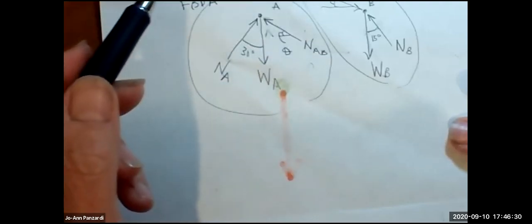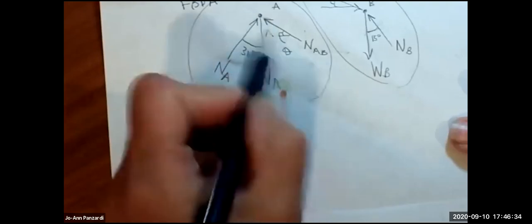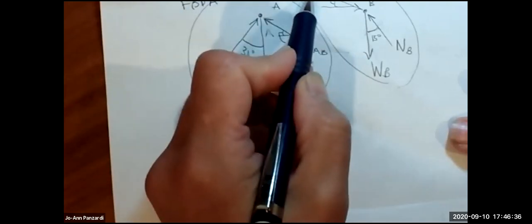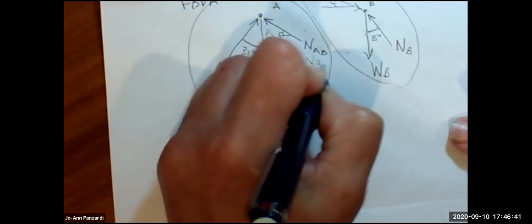Shouldn't it be B onto A and A onto B? Shouldn't we reverse the letters? Does everybody understand why he's asking that? Because this is force going from B to A, and this is force going from A to B. So Jason is suggesting that we call this NBA.